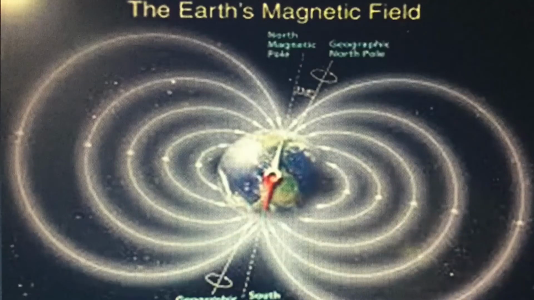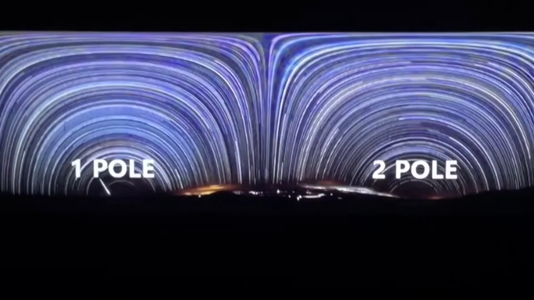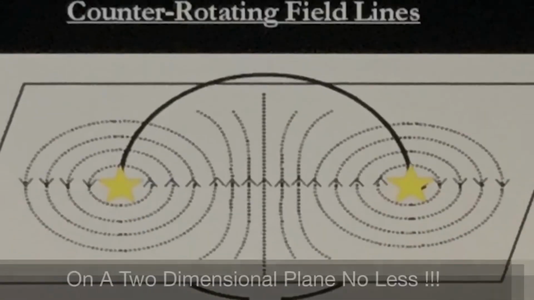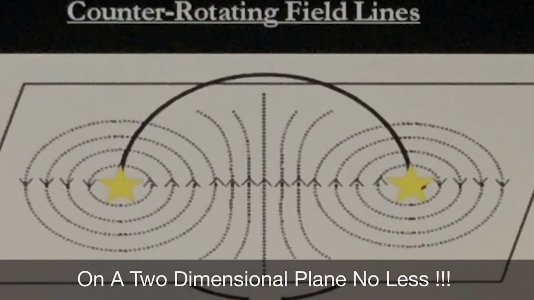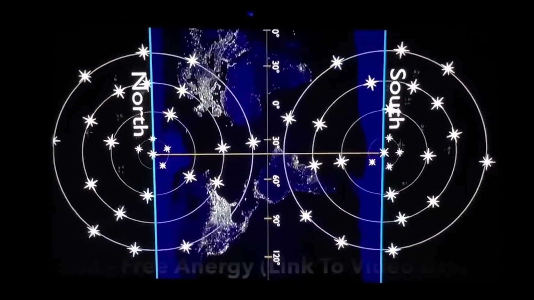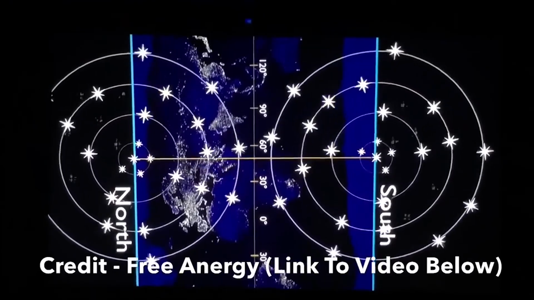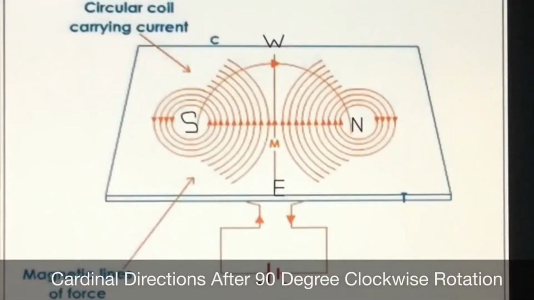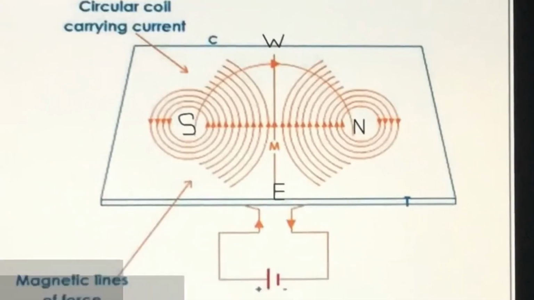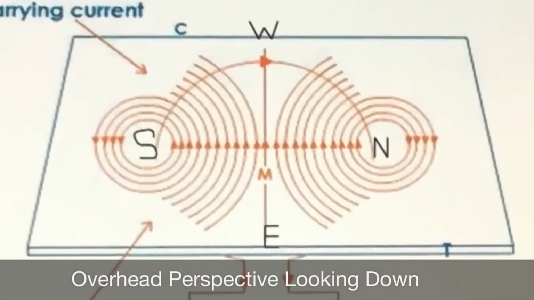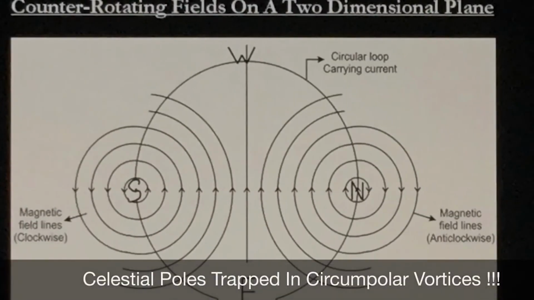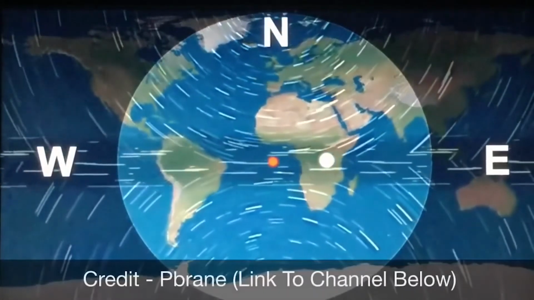I am proposing that Earth's natural electromagnetic field, known as the magnetosphere, involves two equally stable and opposite circumpolar vortices over a flat Earth, with an electromagnetic central line of propagation running east to west instead of north to south. This simple 90-degree rotation of the magnetic directions finally explains why the sun, moon, and stars are continually propelled east to west, while simultaneously explaining the continued stability of the counter-rotating circumpolar vortices generated within the north and south.